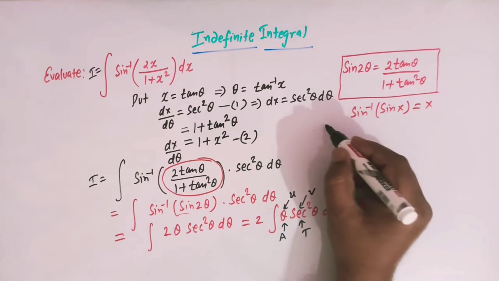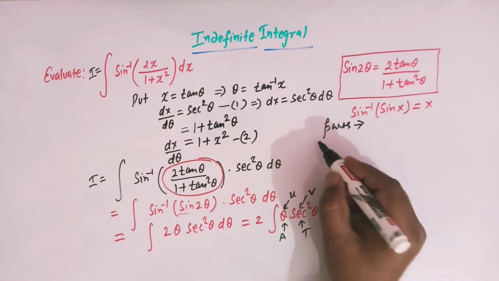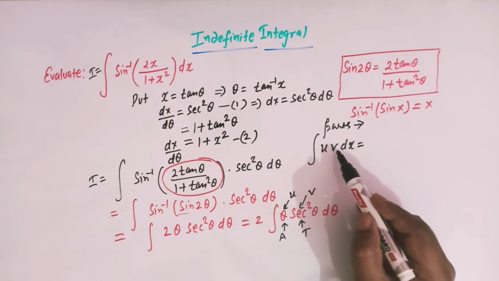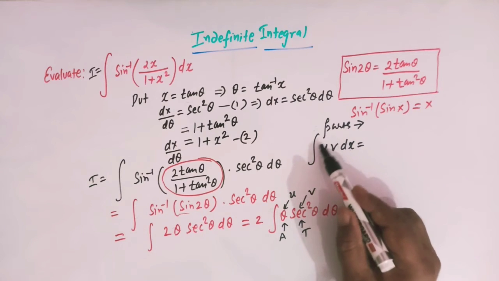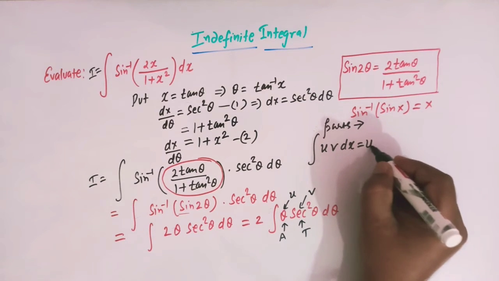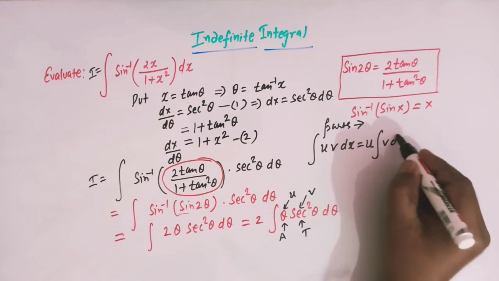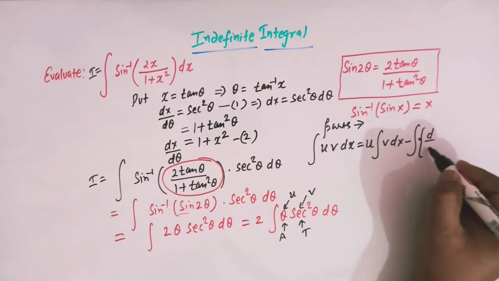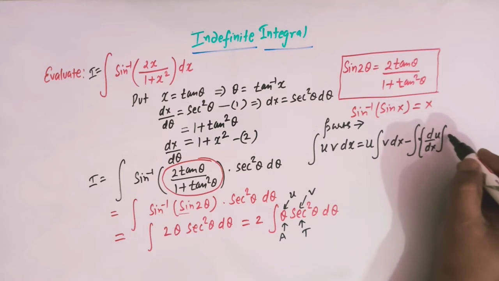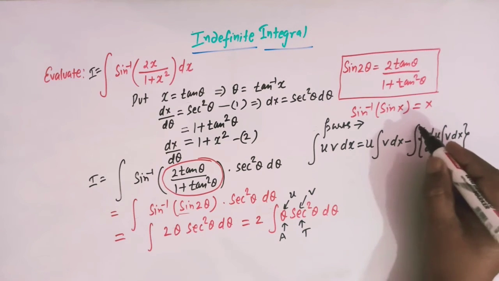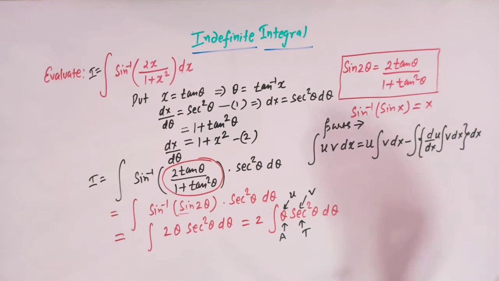The integration by parts formula is: the integral of uv dx, if u and v are functions of x, where u is taken as the first function and v as the second one, is equal to the first function times the integral of the second function, minus the integral of the derivative of u times the integral of v, and then we take the entire integral of this function with respect to dx.